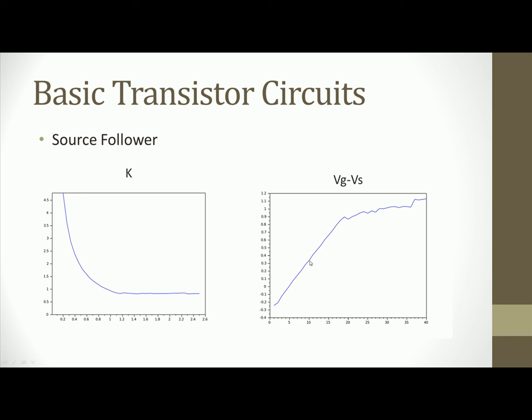So basically, we can see that after VGS is stable here, kappa is stable. So I think the major difference in kappa does not lie in the relationship between kappa and the source voltage, but between kappa and maybe the difference of gate voltage and source voltage.